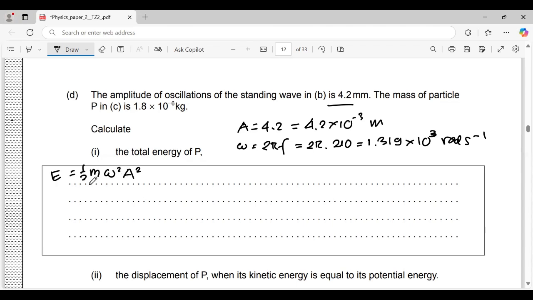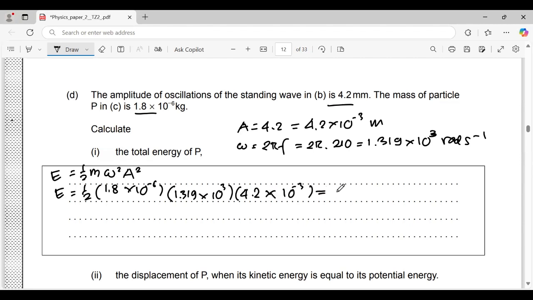Energy equals half times mass, which is 1.8 times 10 power minus 6 kg according to this information, times omega, which is 1.319 times 10 cubed, squared, times amplitude, which is 4.2 times 10 power minus 3, squared.